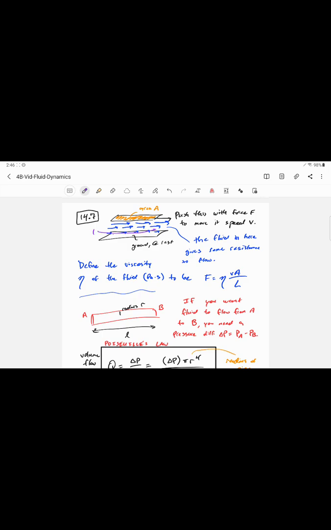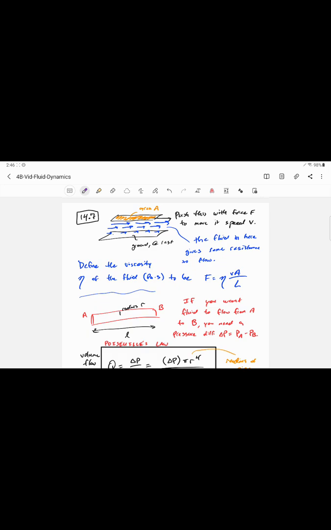Then it would be maybe 1 meter per second right here, 2 meters per second along here, and it gradually increases. The velocity is a function of distance from the ground. It gradually increases to that v max, whatever you're pulling the top plate at. That's why these arrows are getting bigger and bigger as you go higher. So the fluid speed transitions from the ground's 0 speed to the plate speed that you're enforcing.